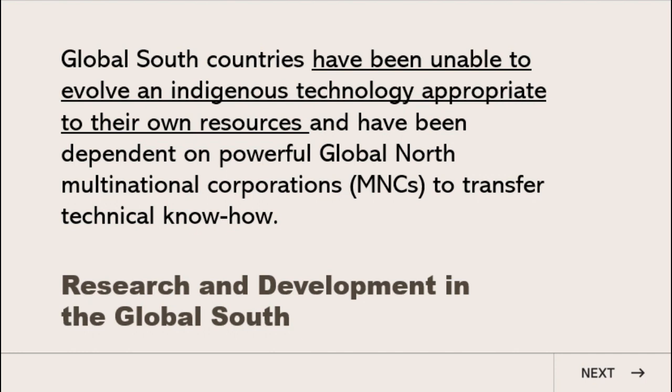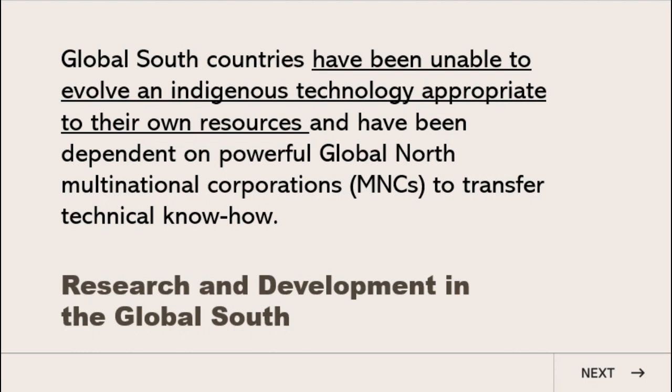And if there are researches naman and innovations, sadly, these innovations naman are solution towards the problems of global north. Meaning, hindi siya localized, hindi siya customized. If you get what I'm saying.